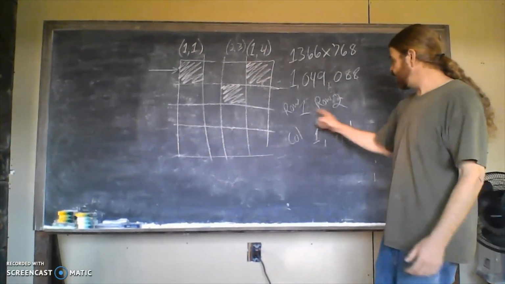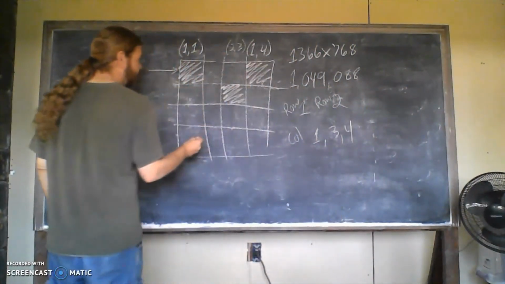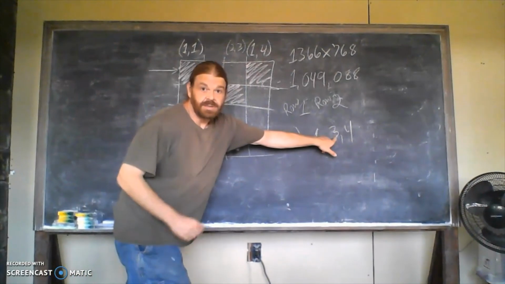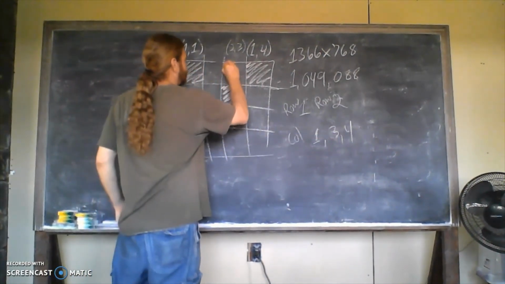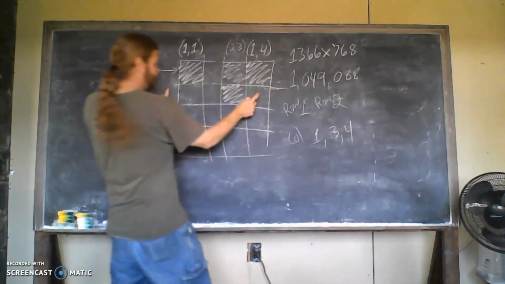But if we did this, well, that's going to turn on more pixels than we want, right? Because we said column 3, so this pixel is going to be on. And we said pixels 1 and 4, so these two are going to be on.